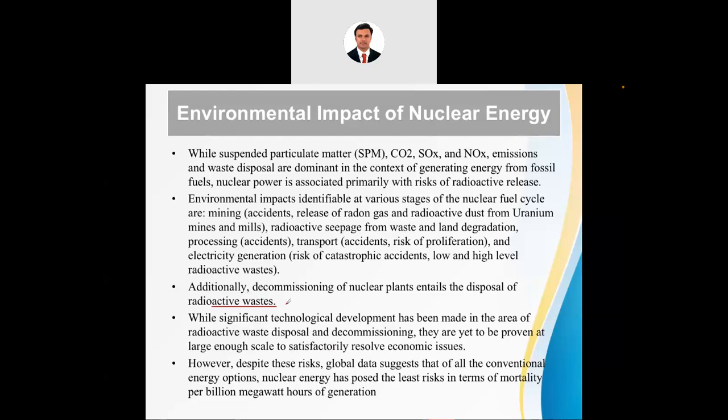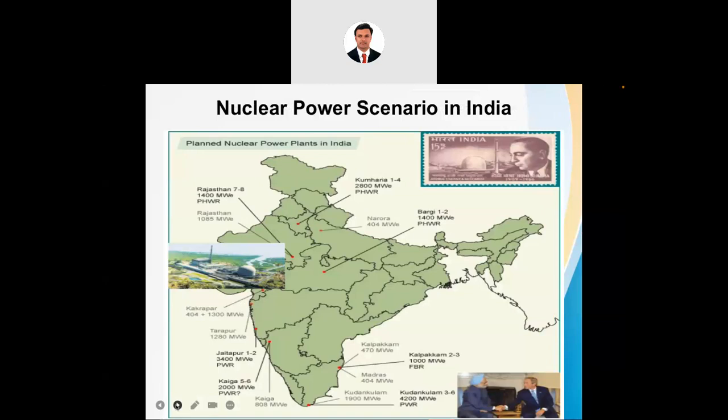It means we cannot directly exhaust or dispose of that radioactive waste to the earth or the atmosphere, which is very dangerous. So the very big problem in front of nuclear reactors is nuclear waste: how to dispose of and recycle it. These are the different environmental impacts of nuclear power.